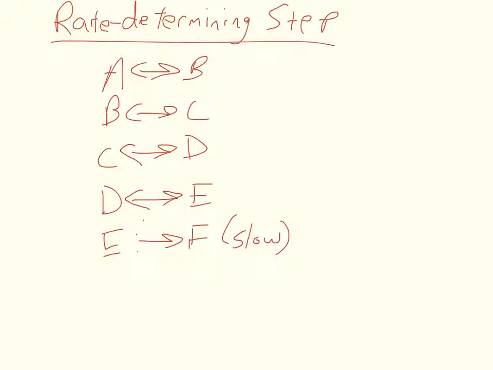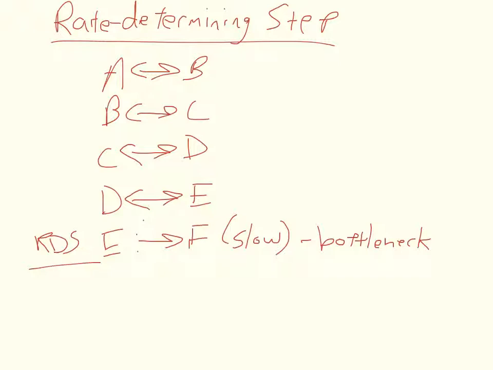Because this reaction is so slow, this reaction right here is the bottleneck. This is the one that controls the speed of how fast this overall reaction goes. This is the rate determining reaction, RDS.